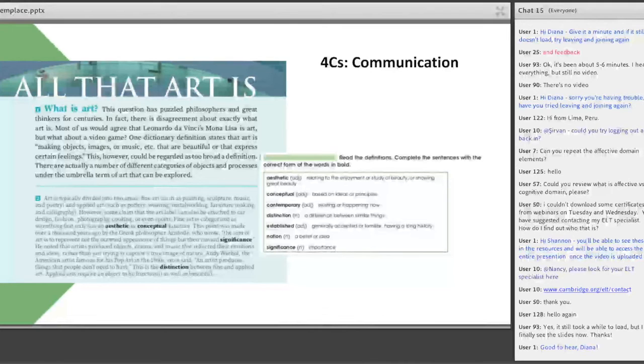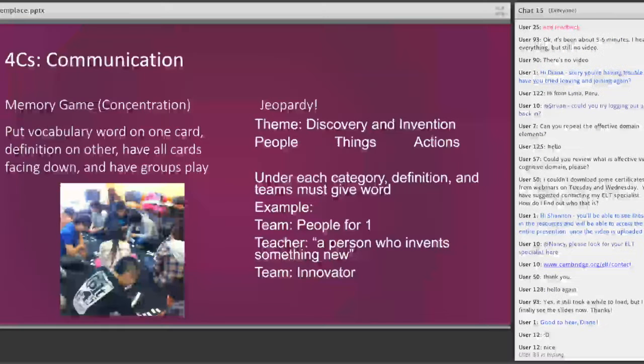Another way I like to do this is through Jeopardy. You can have a theme. So if your unit in your textbook has a theme, like discovery and invention, I would make categories: people, things, and actions. And under each category, a definition, and the teams must give a word. Obviously, you can be more challenging: number one, the easier words, 2, 3, 4, 4 being more difficult.